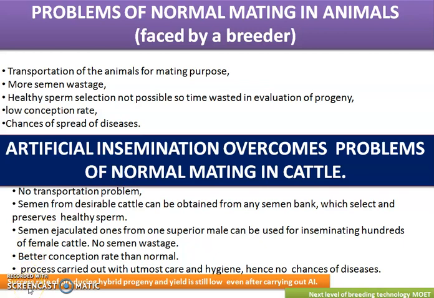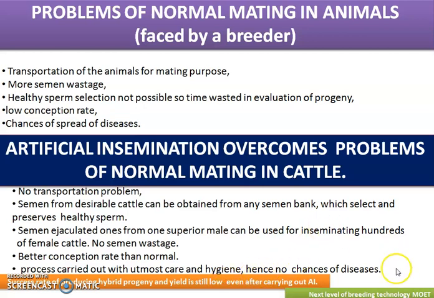But again, the success rate of production, that is the hybrids produced, the progeny produced, and the yield from them, is still not up to the mark. That means the ever-growing demand for food, milk and milk products, or any product for which you are rearing the animal, is not met. So AI, artificial insemination, does not meet the demand as we need.